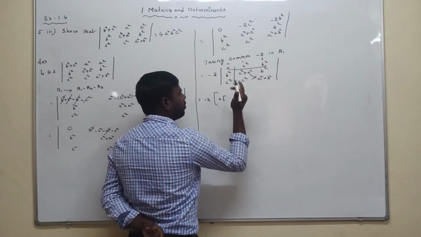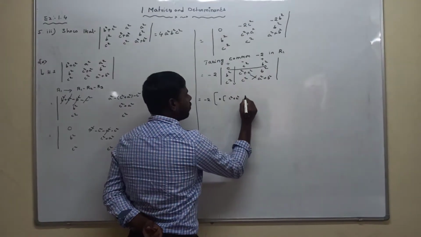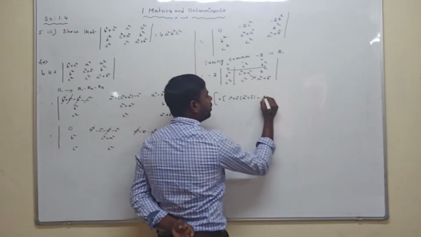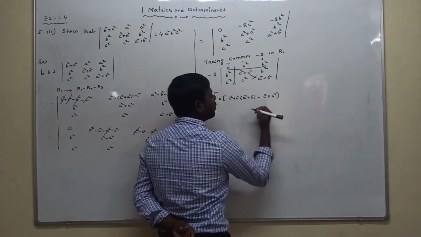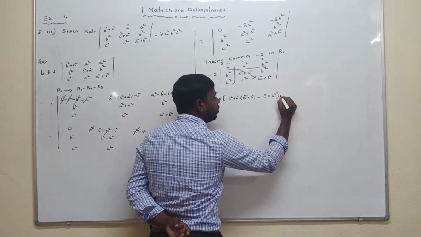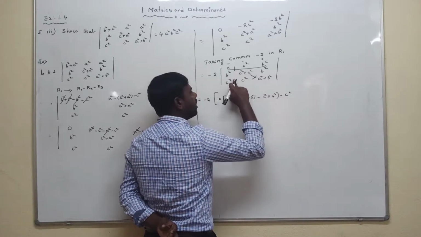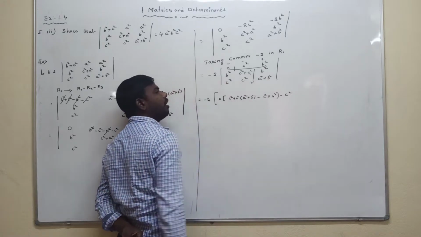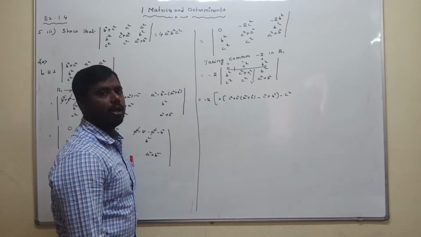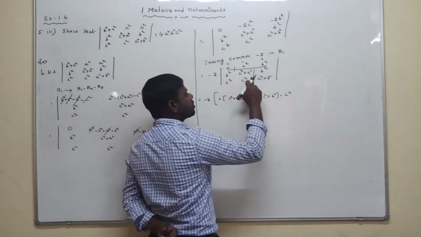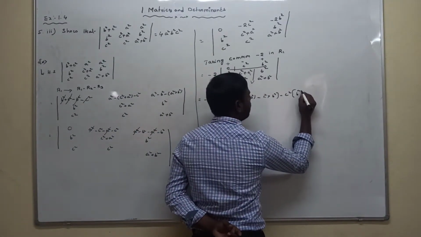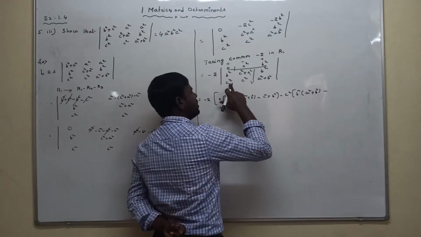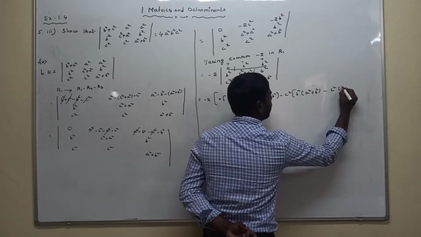c square plus a square into a square plus b square, minus c square into b square. First one is over. Next the symbol is negative and the element is c square, which is present in the first row. The second column is eliminated, and we cross multiply the remaining elements: b square into a square plus b square, minus c square into b square.